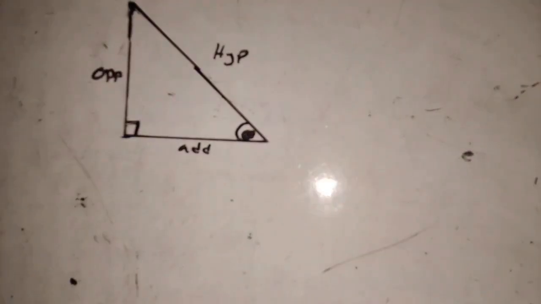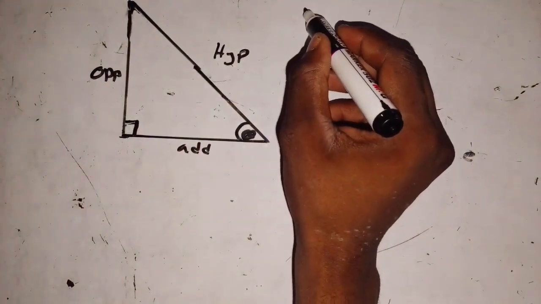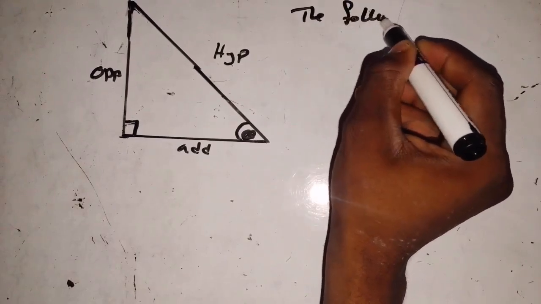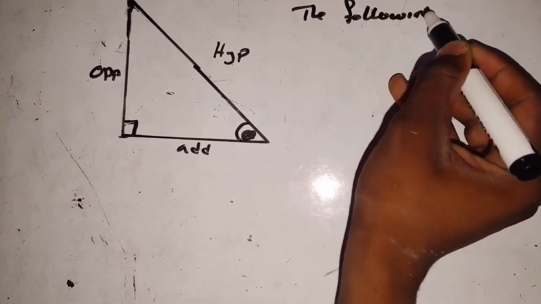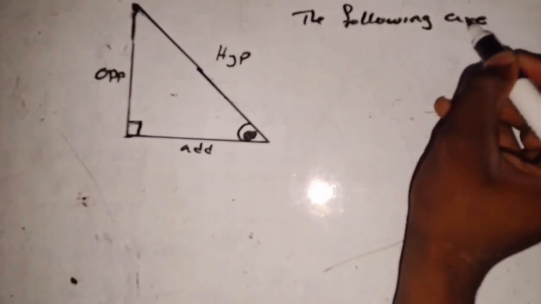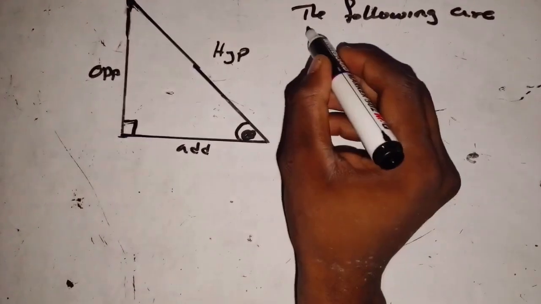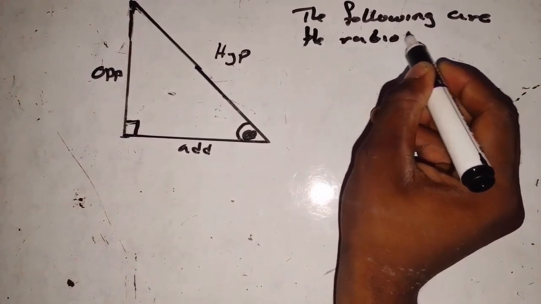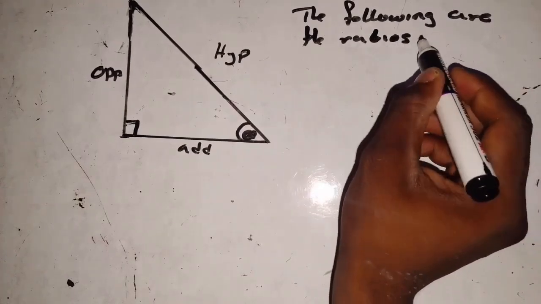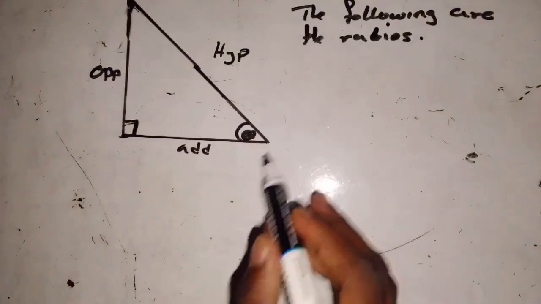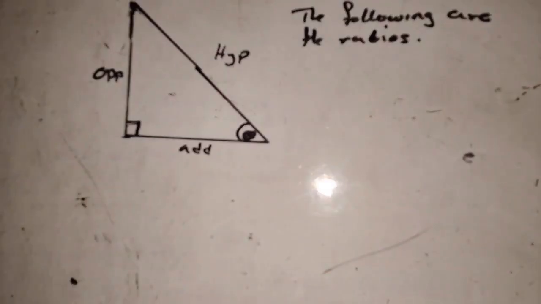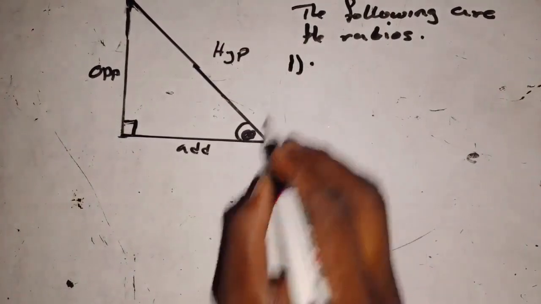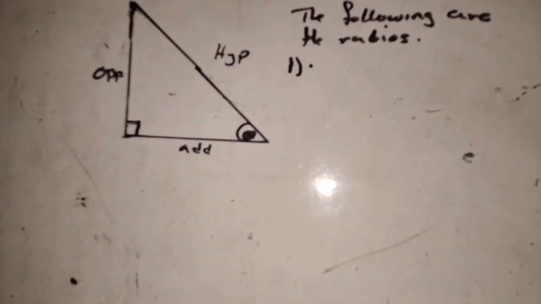The following are the trig ratios, and the first ratio we have is sine theta.